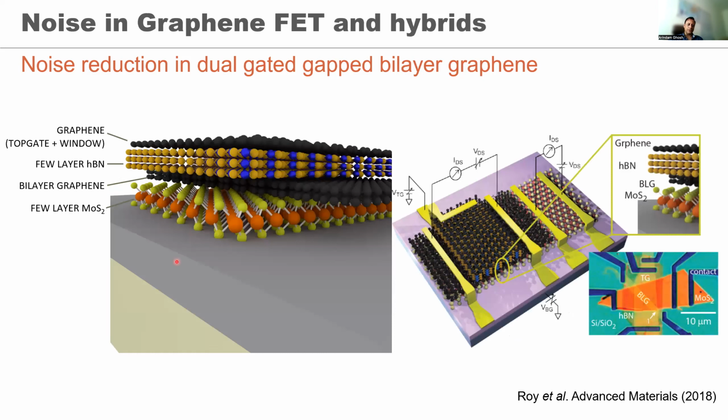We made it a while ago, 3 years ago now. That acts as a beautiful gate on top, and a transparent gate. The hBN layer doesn't absorb visible light, and our channel is now no longer single layer graphene but a bilayer graphene sitting on molybdenum disulfide.